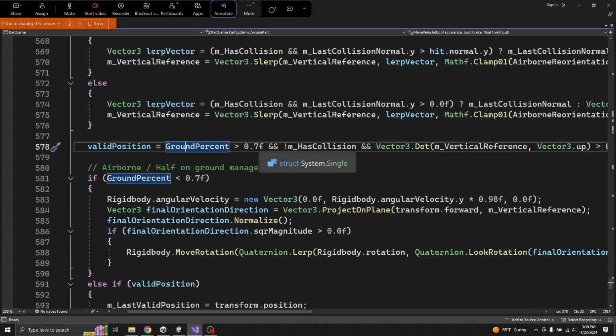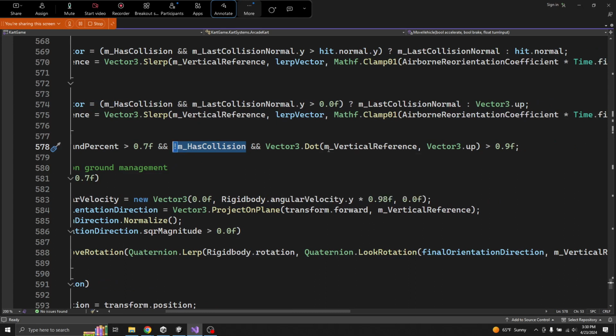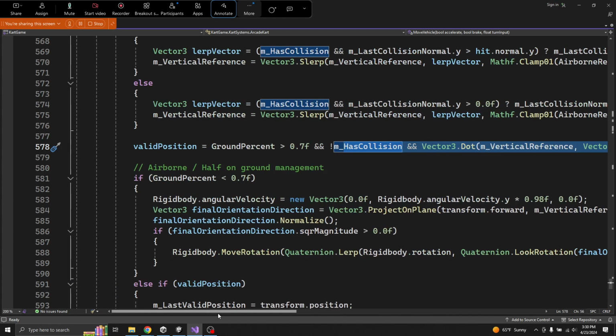All right. So if ground percent is greater than 0.7, okay, we're mostly on the ground, and we're not colliding, we're not touching something, and our dot of our vertical reference to the global up is greater than 0.9, then we're in a valid position. Okay.